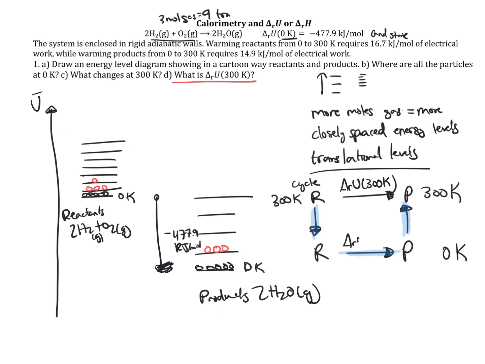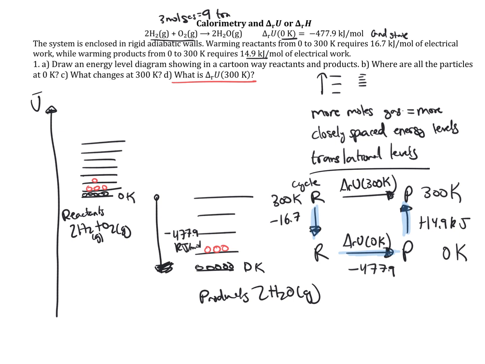Going from 0 up to 300 took 16.7 kilojoules, so this process takes negative 16.7 kilojoules, and this process here, 0 to 300, takes plus 14.9 kilojoules from the given information.